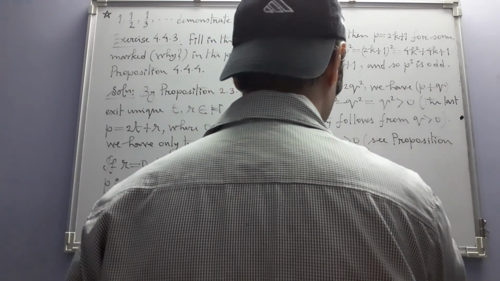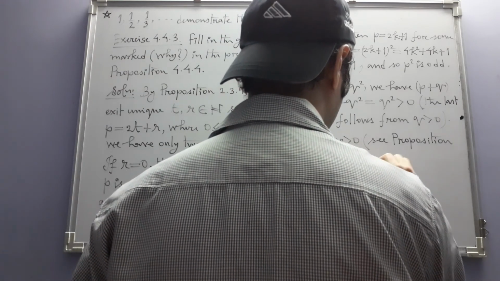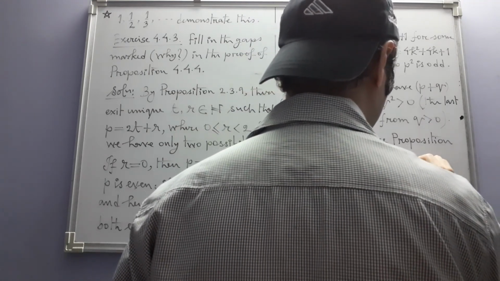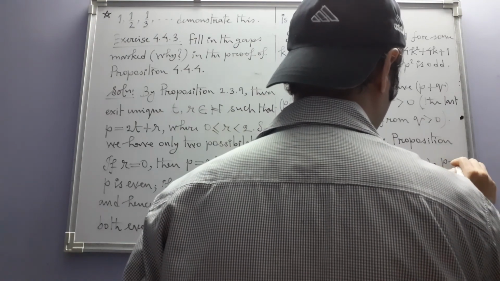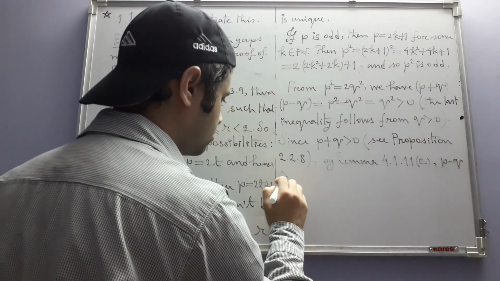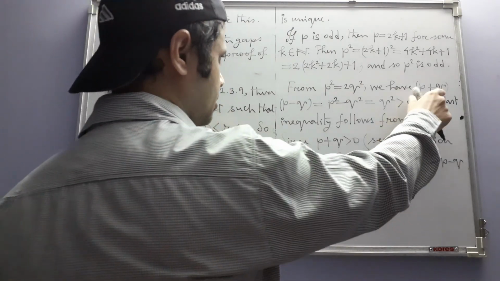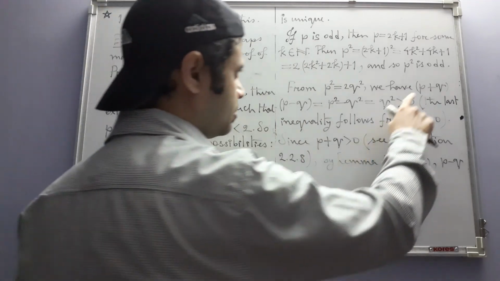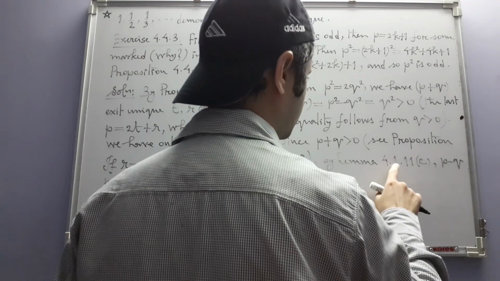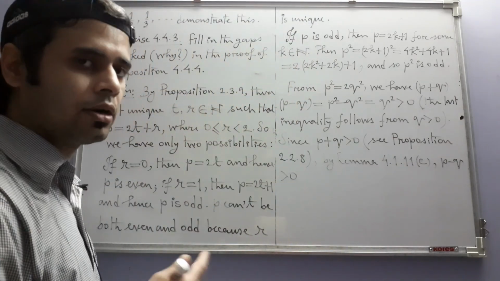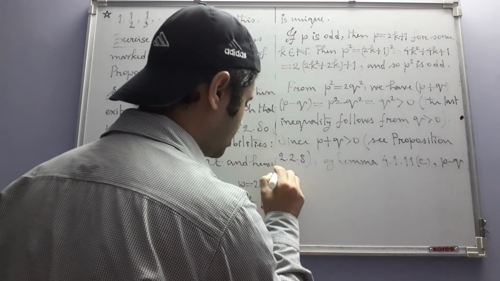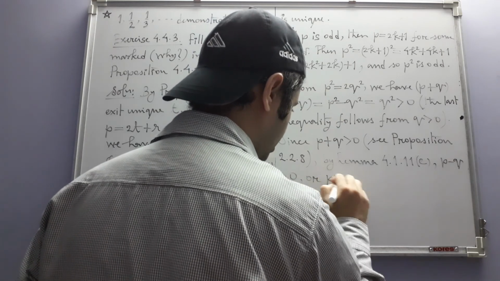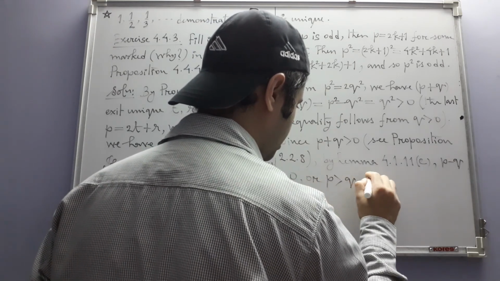So that's why by lemma 4.1.11, p minus q must be positive. The product of these two integers is positive, and one of them is positive, so the other also has to be positive. So from there we are concluding that p minus q should be greater than 0, or p has to be greater than q. So this is what we wanted to show.